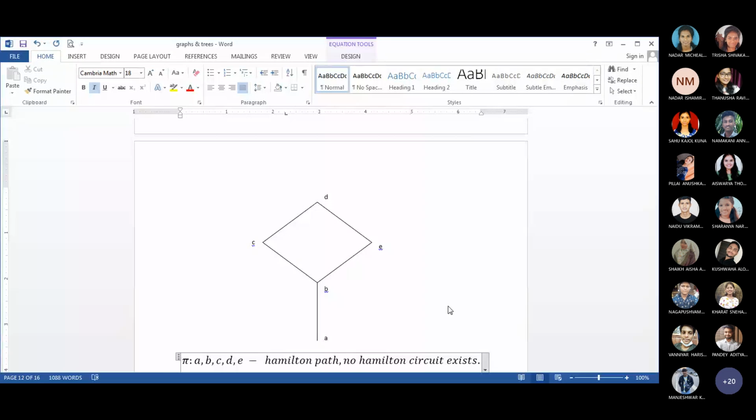Can you say why it is not a Euler path? Because it is odd degree.